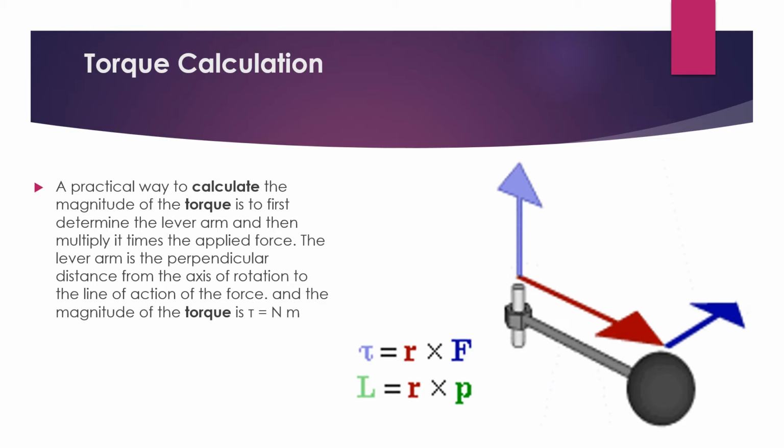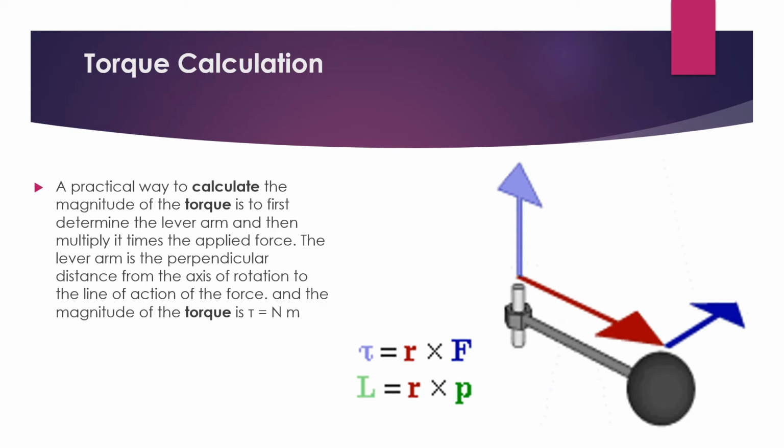So how are we going to calculate the torque? There is a practical. In this practical you can see that T is equal to R multiplied by F. A practical way to calculate the magnitude of a torque is to first determine the lever arm and then multiply it times the applied force.